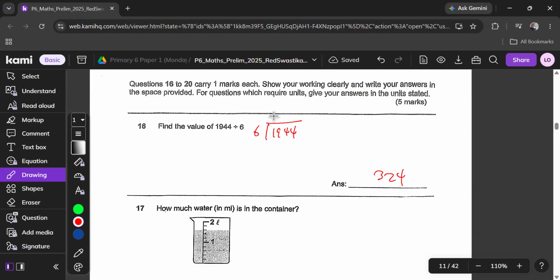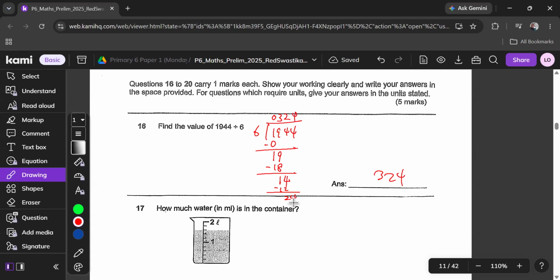So what times 6 equals 1? You can put a 0 there, then minus 1. Put the 9 down. 3 times 6, 18, minus 1. And when you divide, make sure the numbers are in straight lines so that you don't slant your numbers. Put the next number downwards. 2 times 6, 12, minus, put the next digit down.